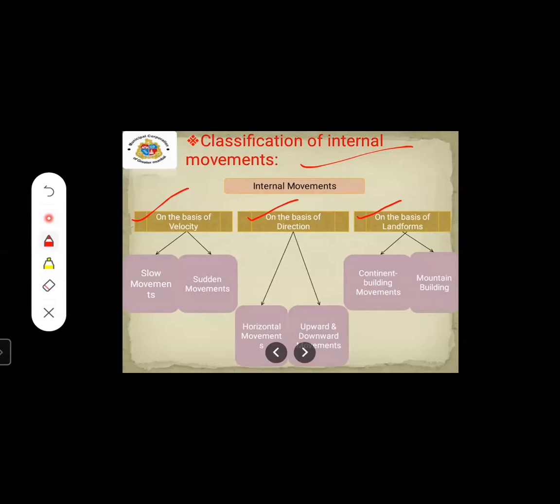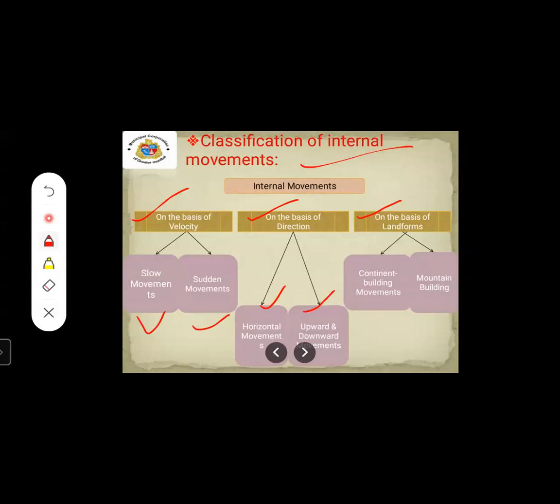The first is slow movements on the basis of velocity. When we are studying, it is the slow movements, and then next is sudden movements. And on the direction, that is horizontal. First is horizontal movement, and second is upward and downward movements.